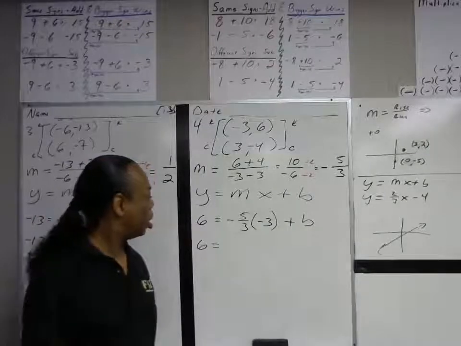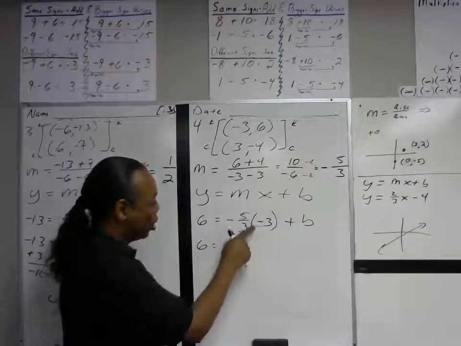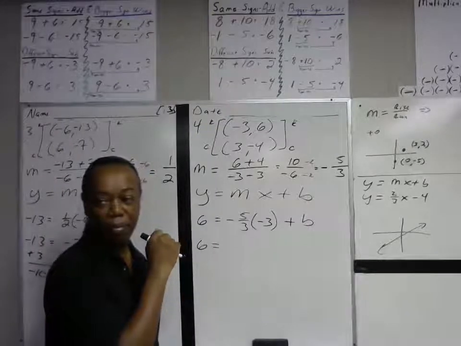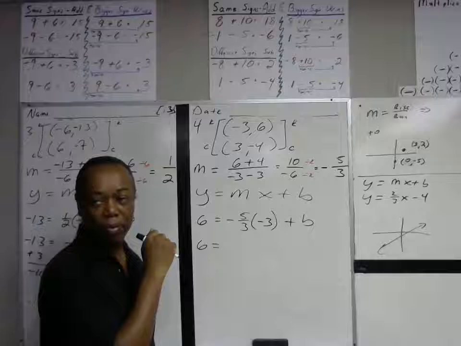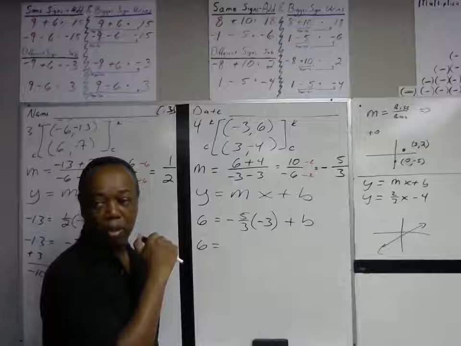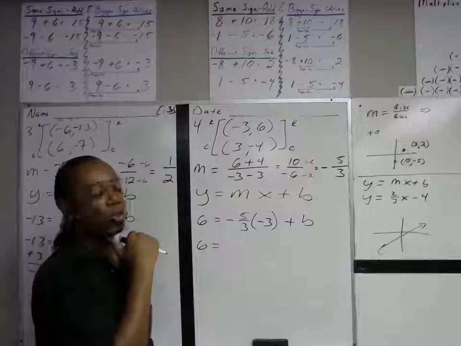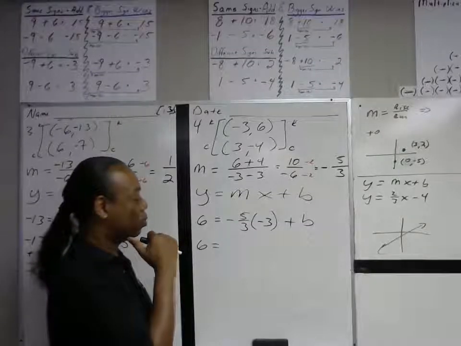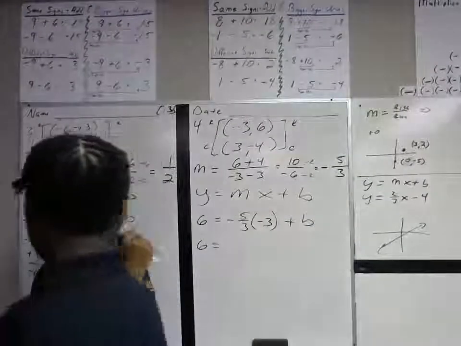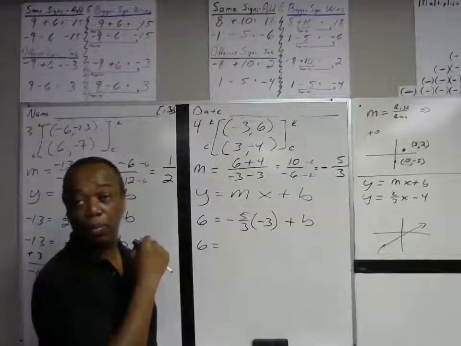-3 divided by 3. Then times -5. Keep going. +5 is right.